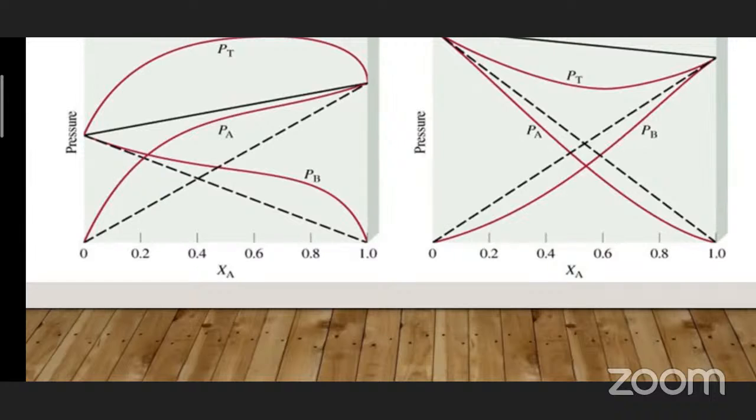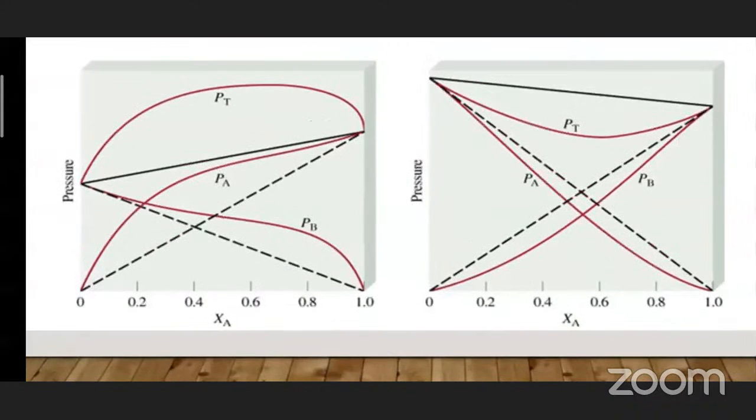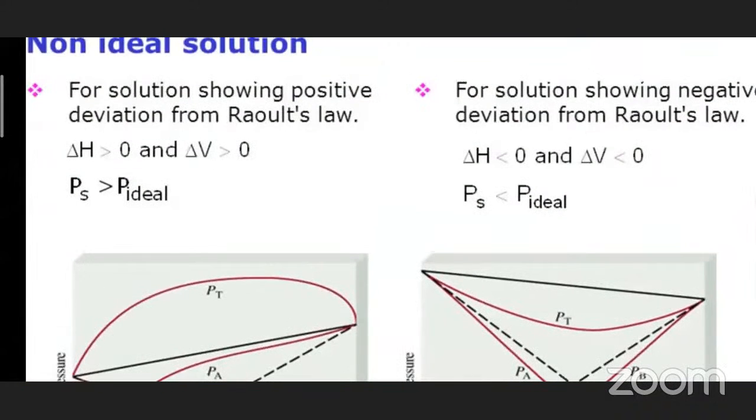So just by seeing the diagram, you should be able to say, okay, see, these red lines are above the dotted lines. Above means what? They are having higher values. When will it be higher? Because it is exhibiting the positive deviation.